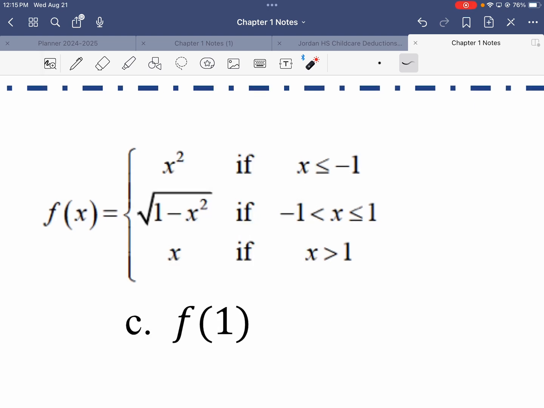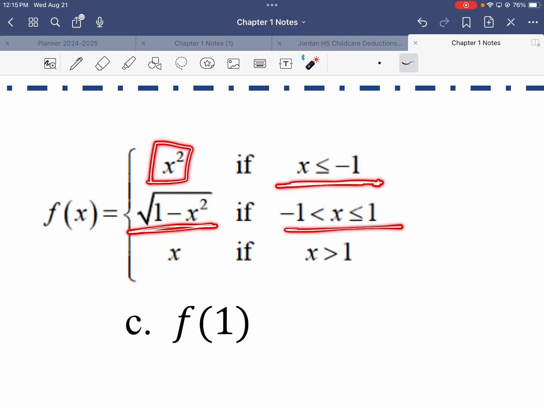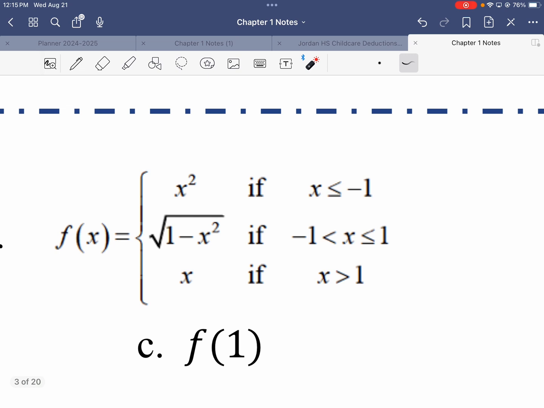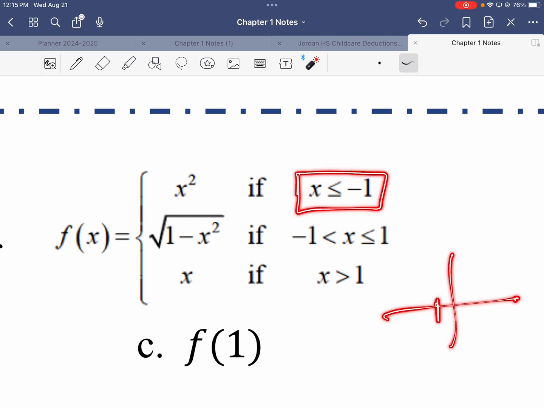Yes? We've all seen these. This is a piecewise function. So it's saying, okay, for this part, this is the domain. For this part, this is the domain. For this part, this is the domain. It might be easier to think about it the other way around, though. If x is less than or equal to -1, where on a graph would that be?